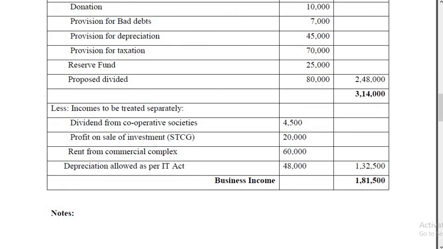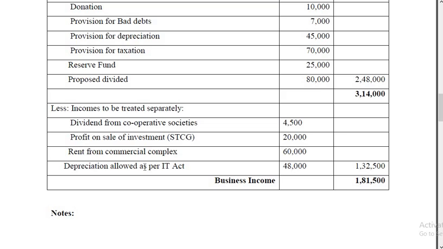Now look at the incomes credited. Dividend from cooperative society is relating to income from other sources, credited to profit and loss account, so you deduct. Profit on sale of investment is relating to capital gain, short-term capital gain, deduct it. Rent from commercial complex is relating to income from house property, deduct it.